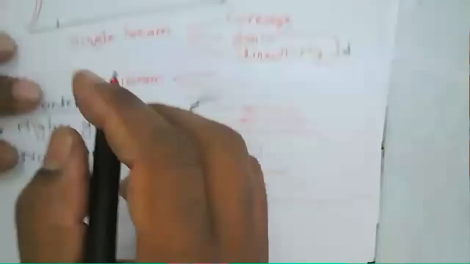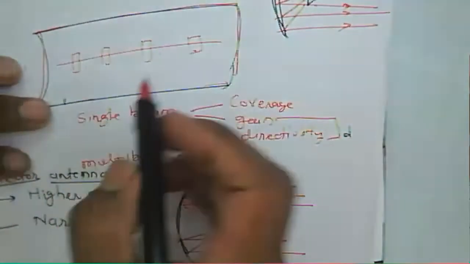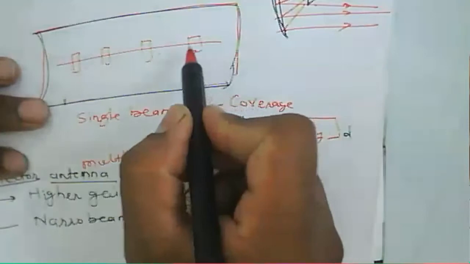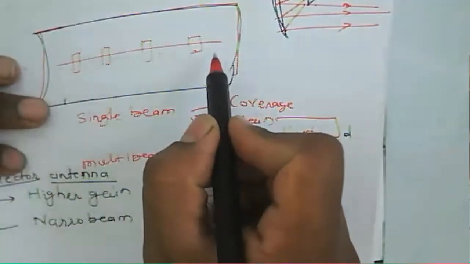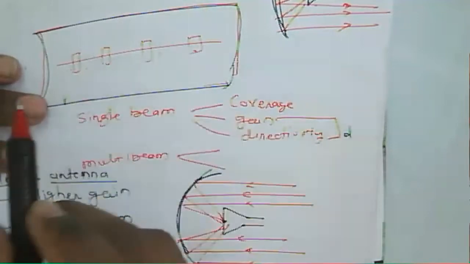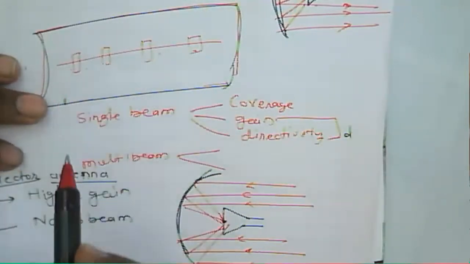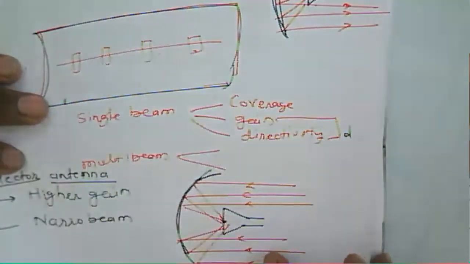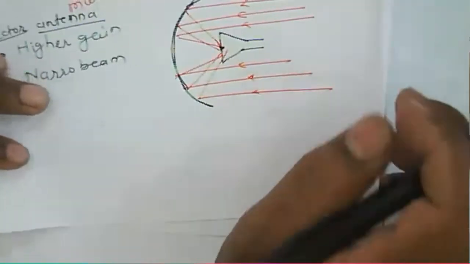But in another reflector antenna, there is a half cylindrical structure, and at the axis of that particular cylinder, the antennas are placed. That will be a dipole antenna or horn antenna, so that it produces multiple beams.